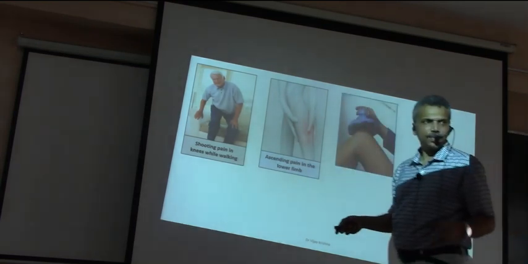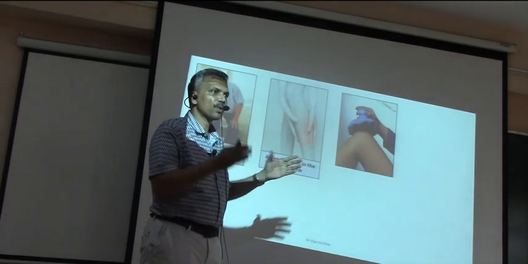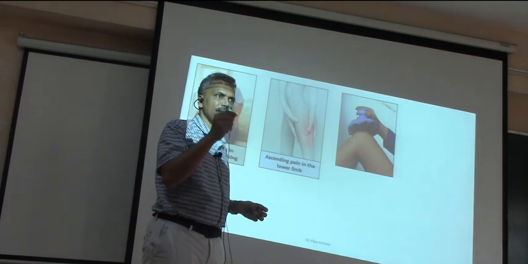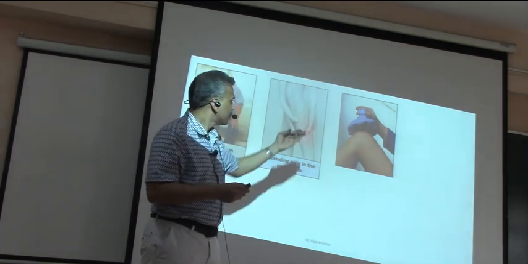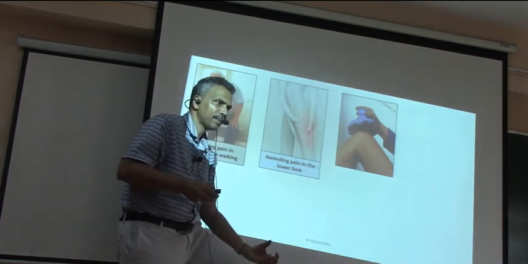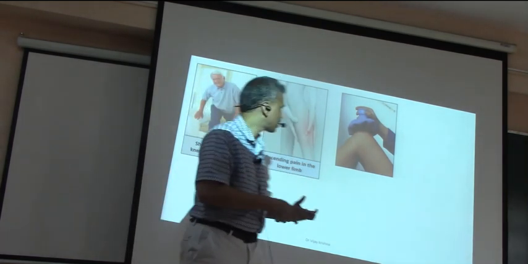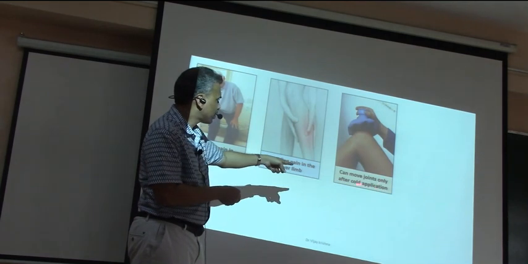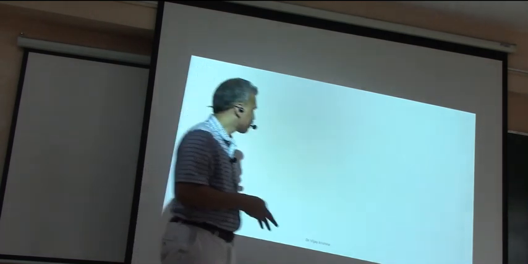And one speciality in Ledum is the pains are better by cold application. The pains are ameliorated by cold application. So here you see a patient with ice cubes, keeping it on the knee, and only then she is able to walk. Can move joints only after applying cold application.